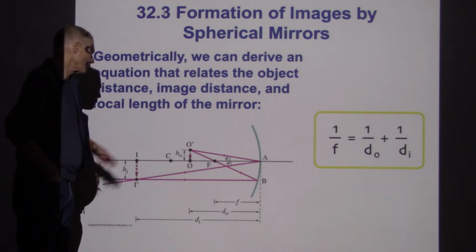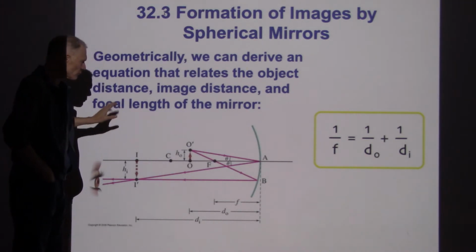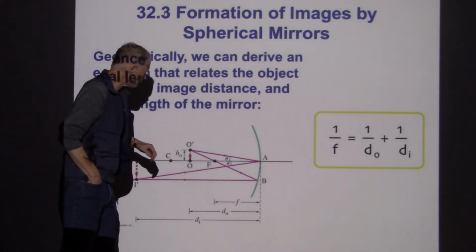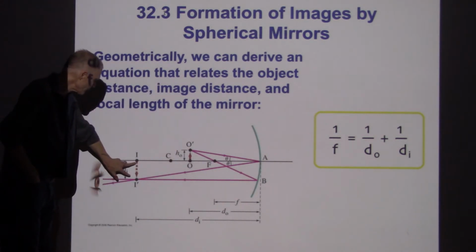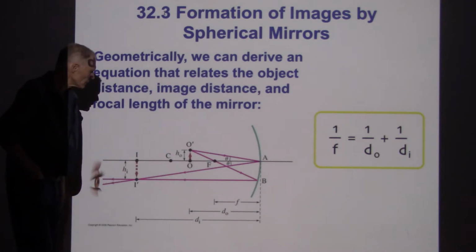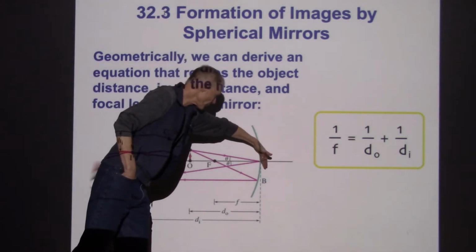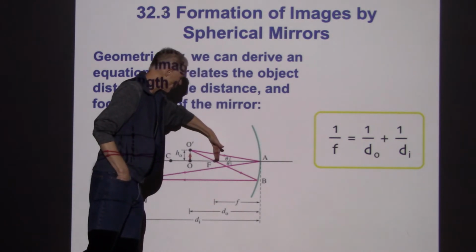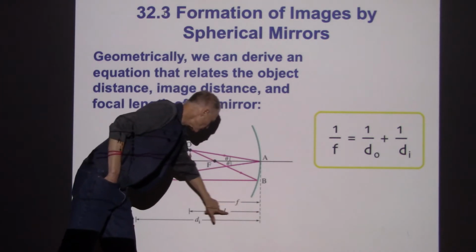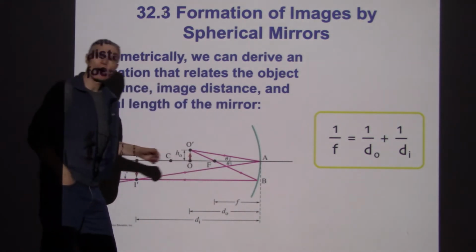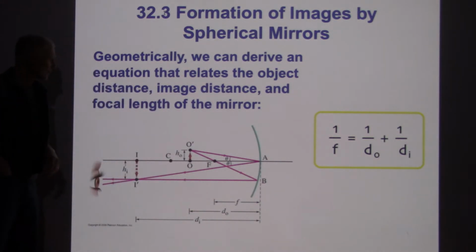It turns out, we're not going to go through all the derivation here, but if we go back to that picture we just looked at, we have an object at a particular point, we have an image that's being formed, we have a focal length from the mirror itself out to where the focal point is located, and then an object distance measured out to where the object is, and an image distance measured out to where the image is located.